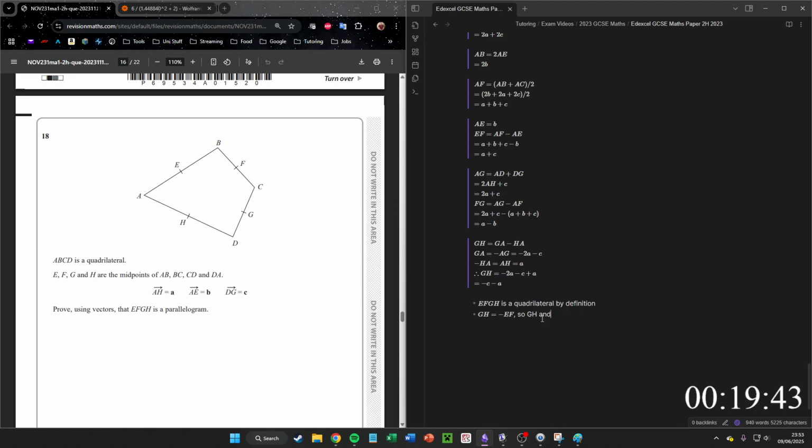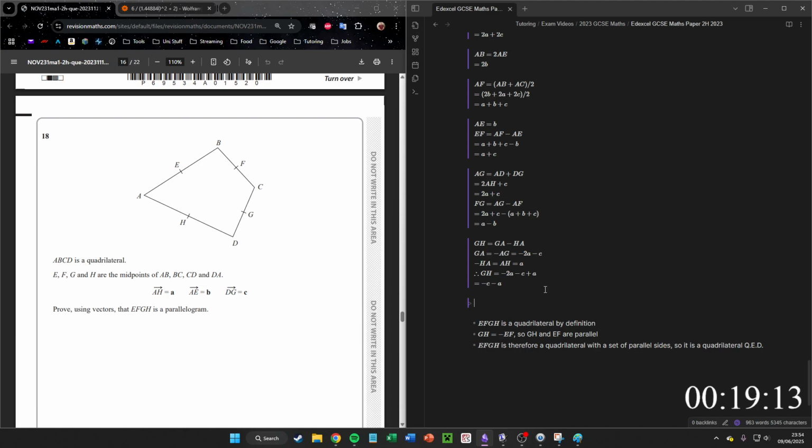So GH and EF are parallel. EFGH is therefore a quadrilateral with a set of parallel sides. So it is a quadrilateral. And then QED.